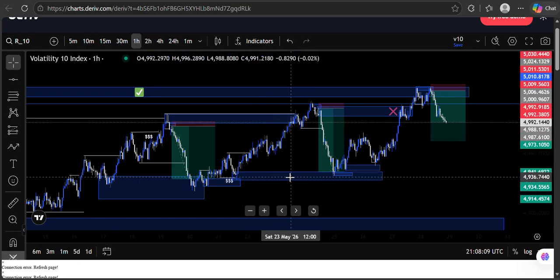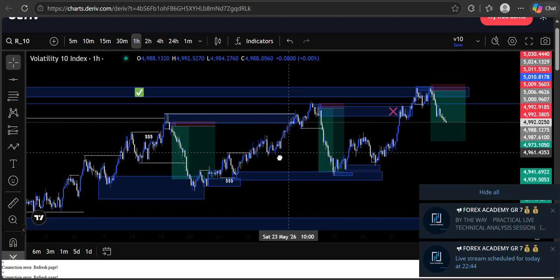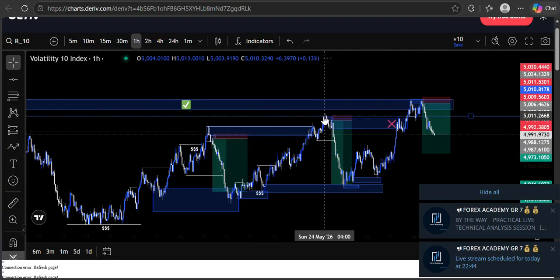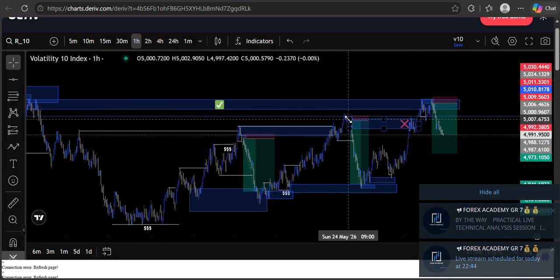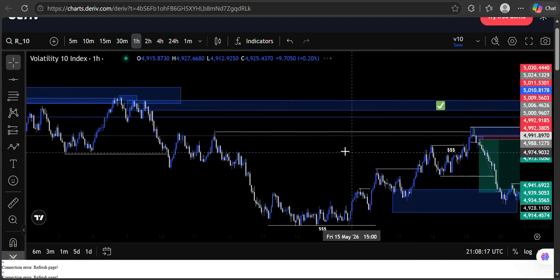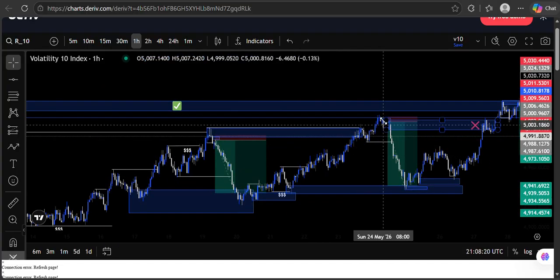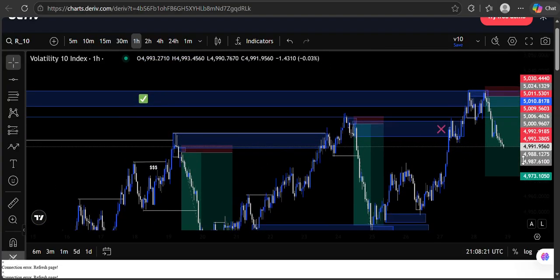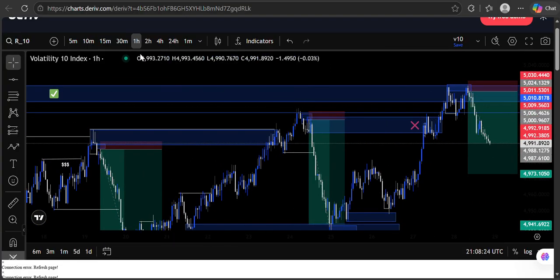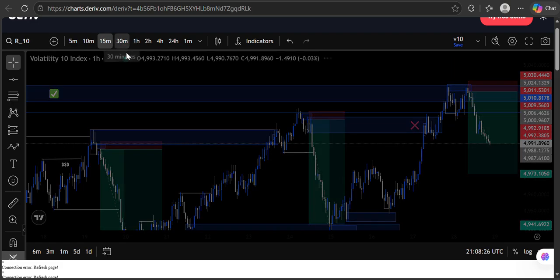We already marked it as a potential zone to buy. The moment price got into this order block that we saw in the 4 hours time frame, we went down to a lower time frame. So let's go to our 15-minute time frame.